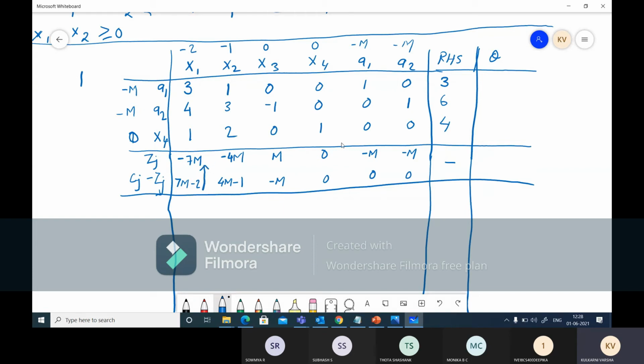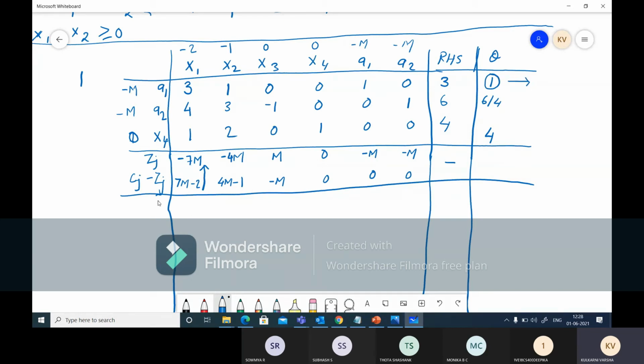So this x1 is entering, and here we will check 3 by 3, 1; 6 by 4, it is 1.5; and this is 4 by 1, it is 4. So this is 1, this is 1.5 and this is 4. So this is smaller, this will be leaving.